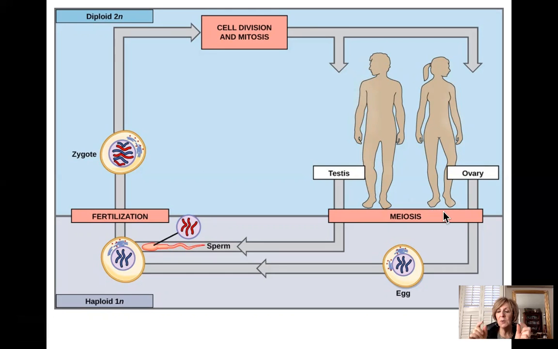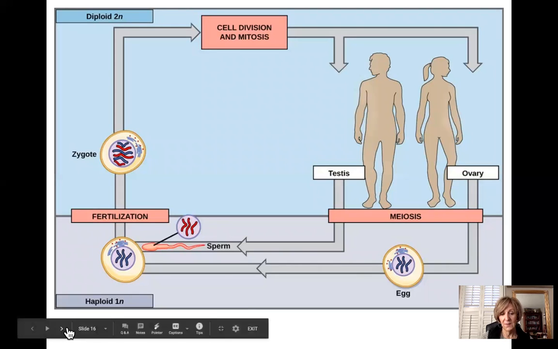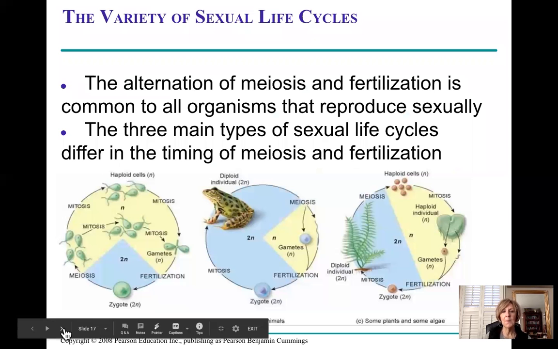And those produce gametes, which are either sperm or egg. So the only time in most animal development that we ever have meiosis is in special cells in our gonads that are going to produce our sex cells, right? So keep that in mind.